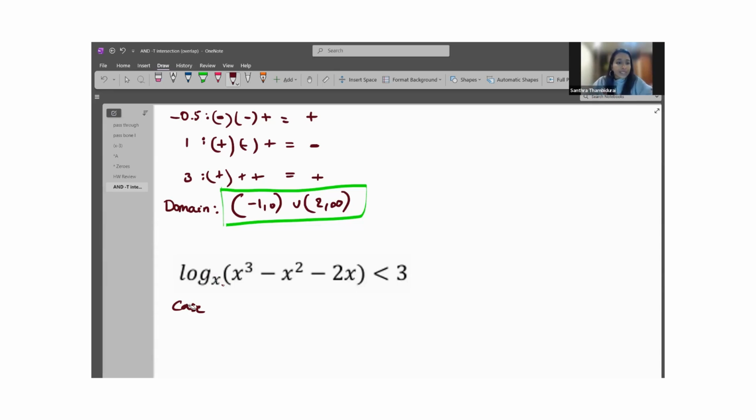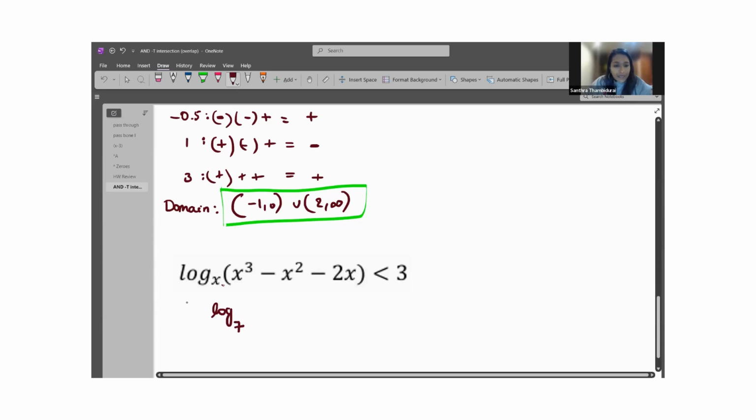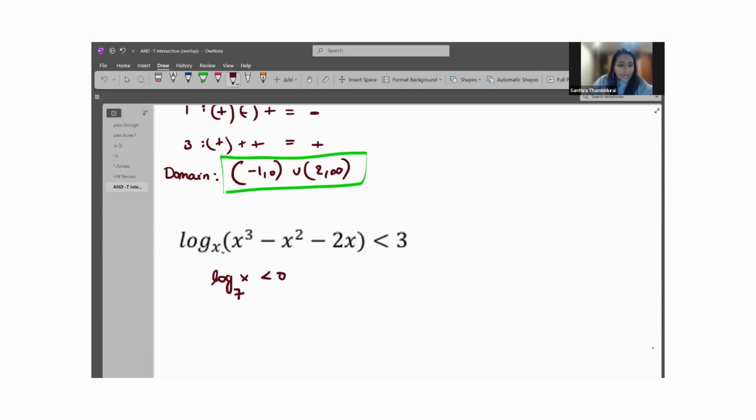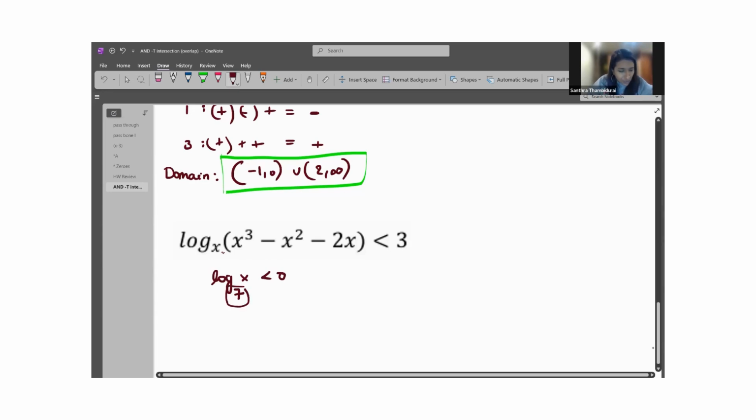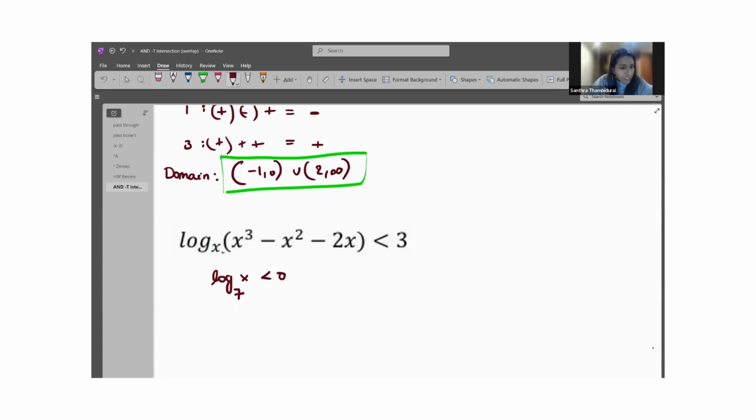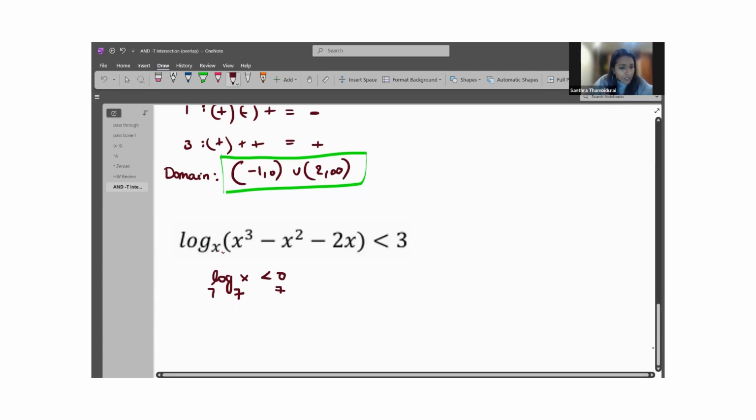So if you're looking at a simple question, like log base 7 of x is less than 0, okay? If your base is greater than 1, in this case it is, if I'm exponentiating both sides, 7 to the log base 7 cancels, and I'm going to get x is less than 1.